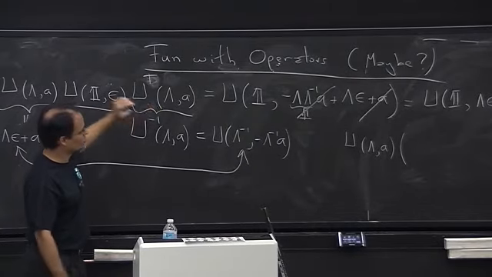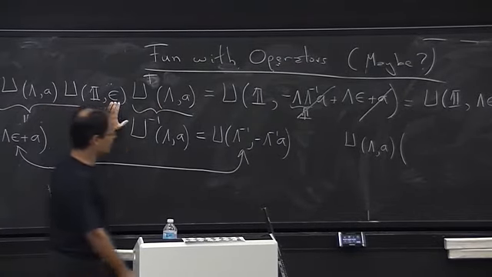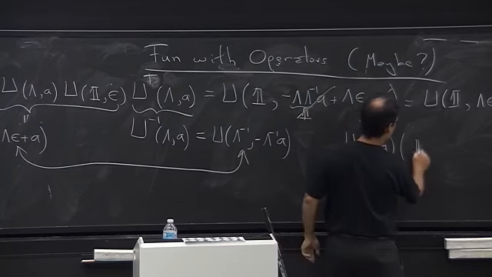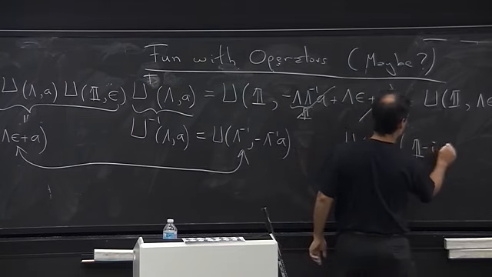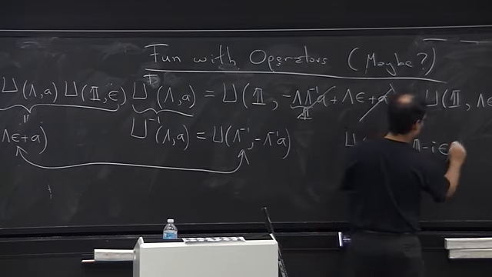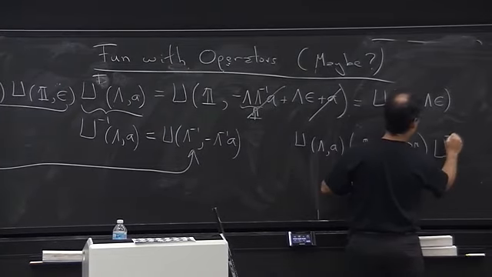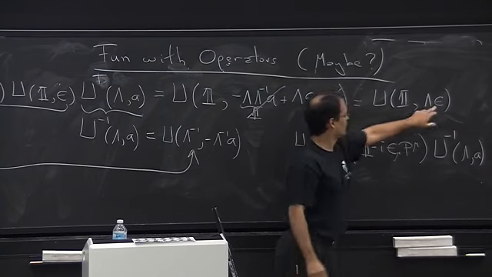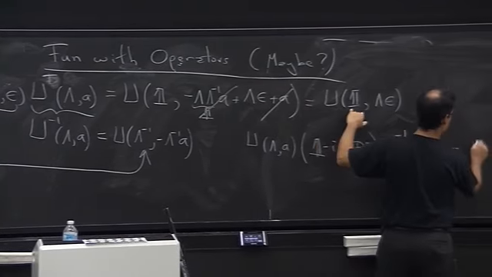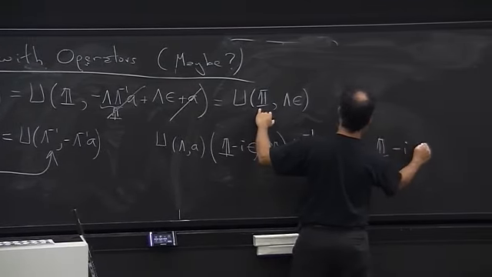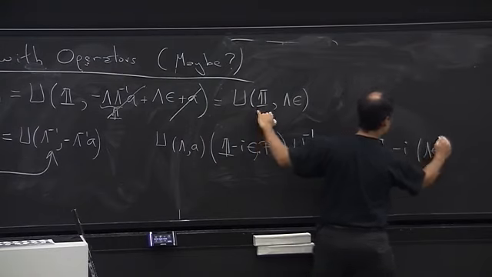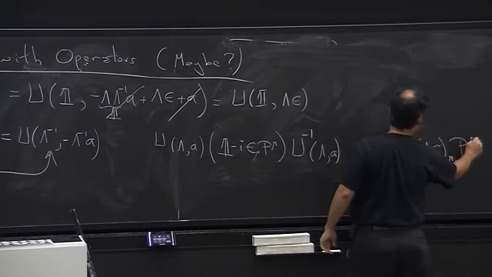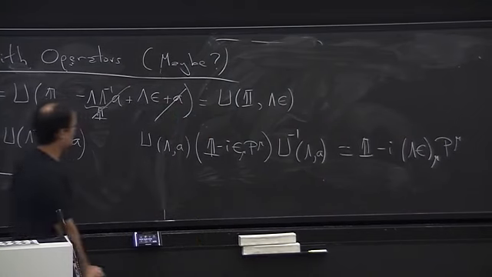I mean, this was just true in general, but assuming that this is infinitesimal, I can write it now as, and again, this is infinitesimal, so I can also write this as the identity minus i lambda epsilon mu p mu. Okay?